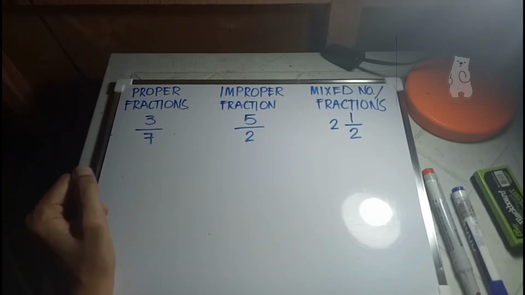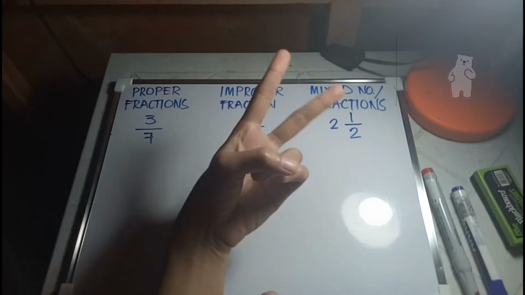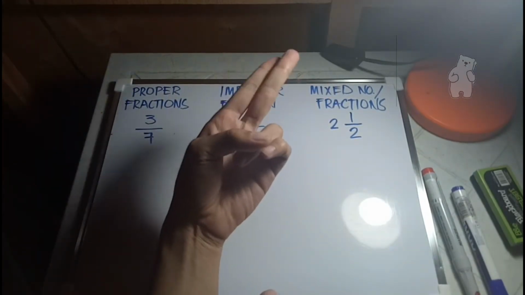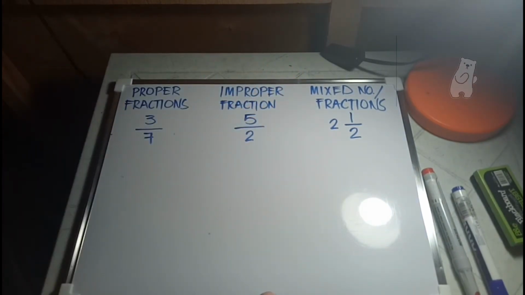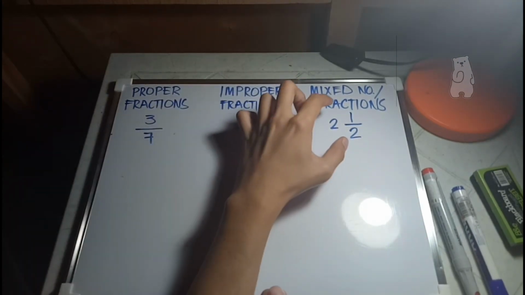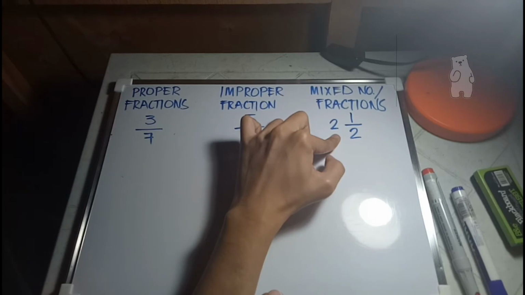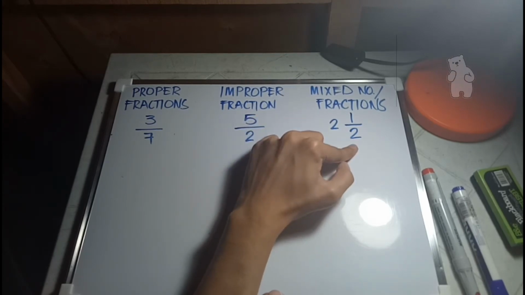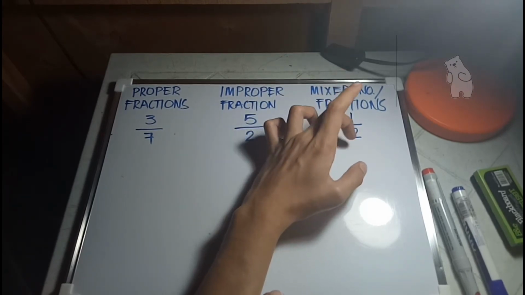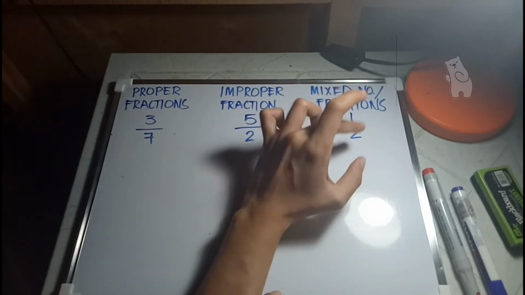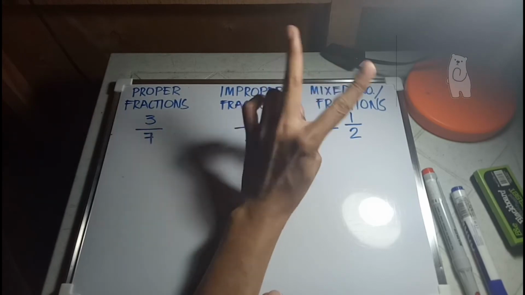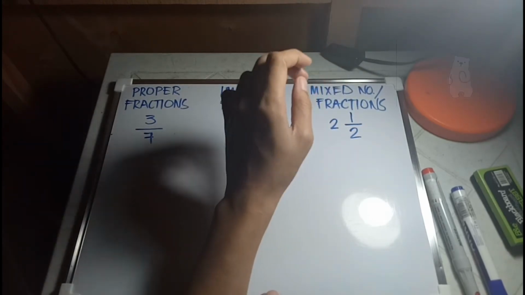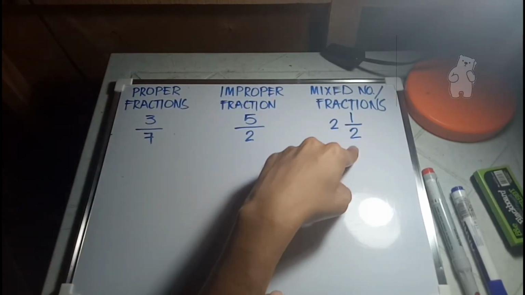Now, the mixed number fractions naman, it is composed of a whole number and a fraction. Okay? It doesn't matter if yung fraction natin is proper or improper. Basta yung mixed number or mixed fraction, it is composed of a whole number and a fraction.